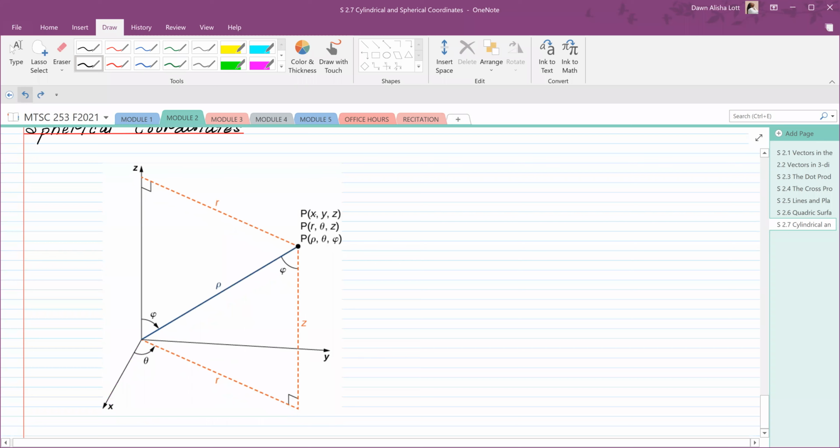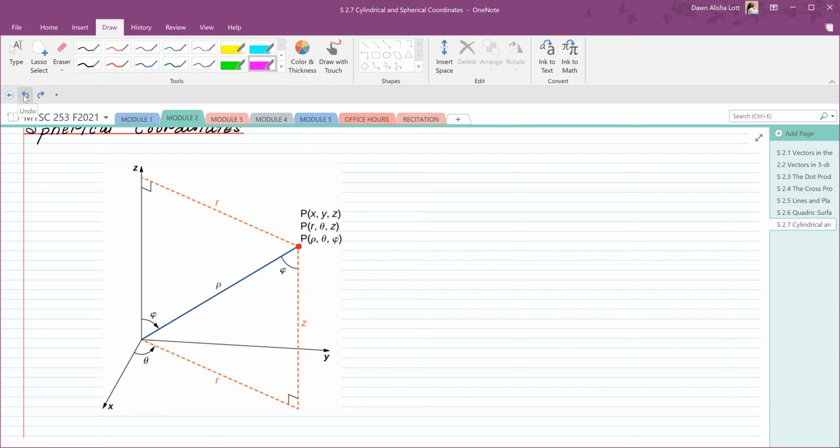So that's why it is given the value X, Y, Z. I can go out, I can go over theta. So I can take a ray, find theta, go all the way out R, and then go straight up Z. And I'm again at the same point, which is why it is called r theta z. But this is where life gets a little bit more challenging.